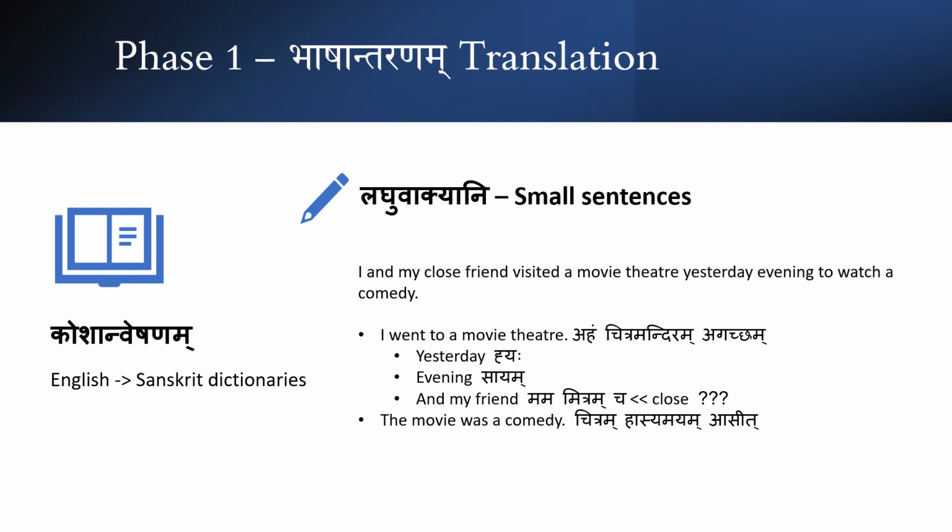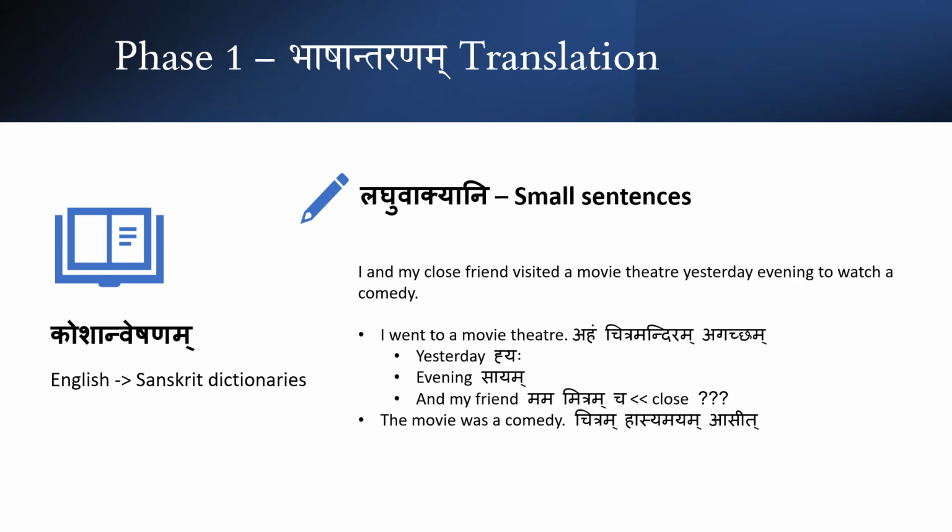So if I want to break that English sentence down, the basic thing I want to convey here is: I went to a movie theater. Now the question comes, when?